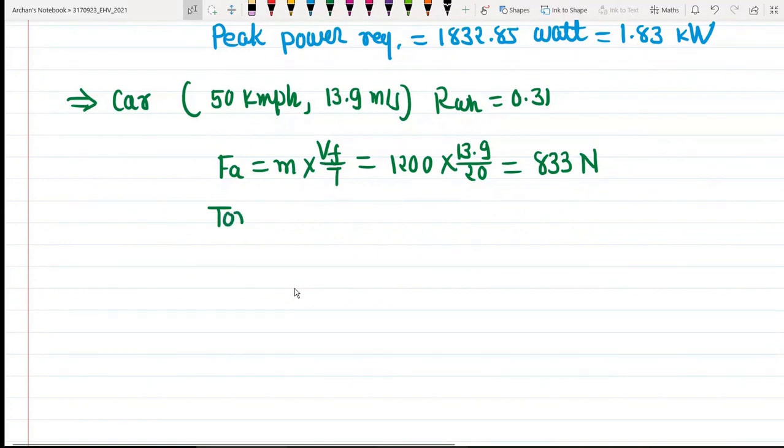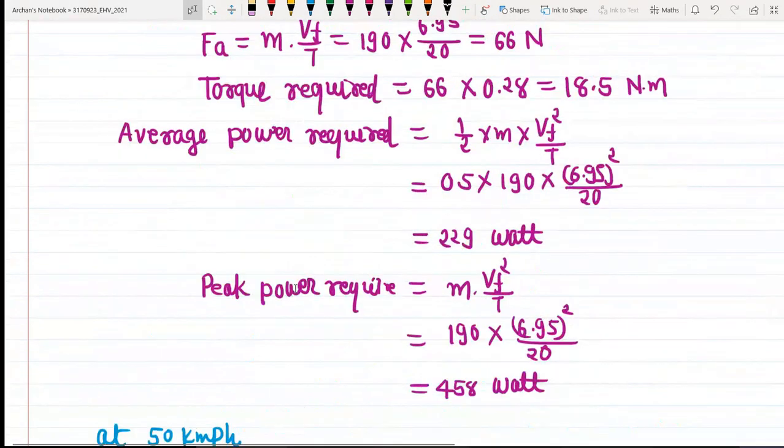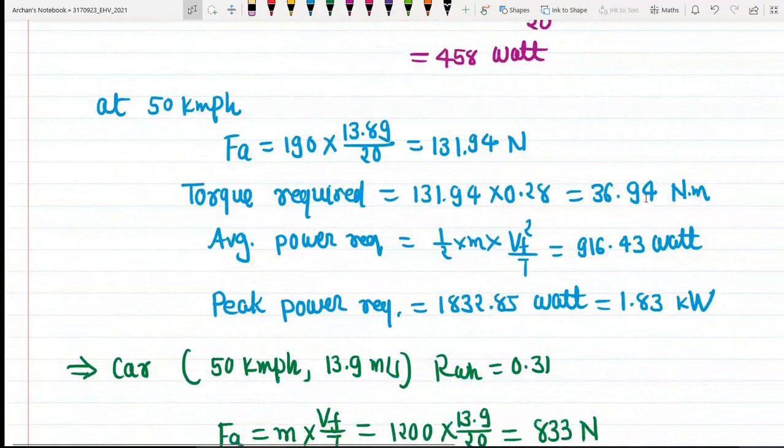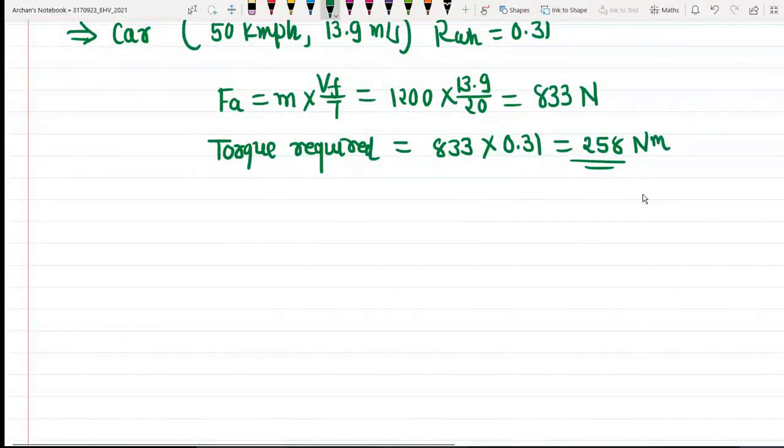That means the torque required by the motor is equal to 833 into wheel radius 0.31. What is the torque requirement now? You can see 258 Newton meter. In the previous case it was a maximum of 18.5 and 36.9, 37 Newton meter, and that increases to 258 Newton meter.